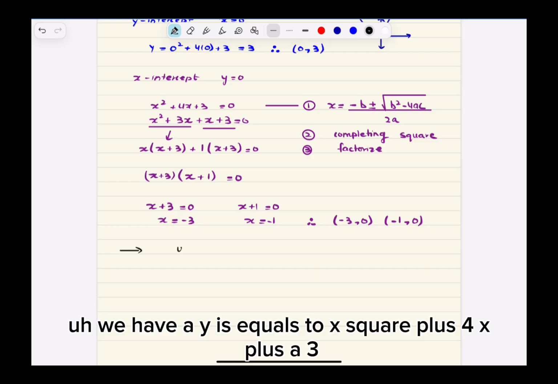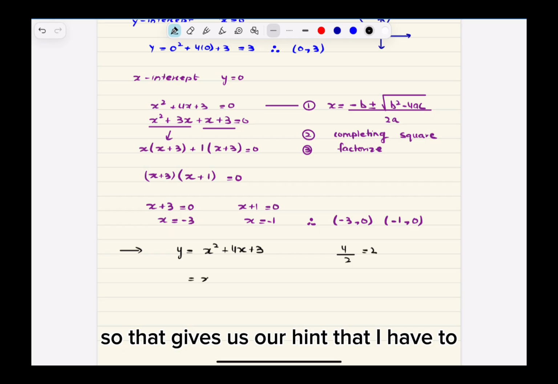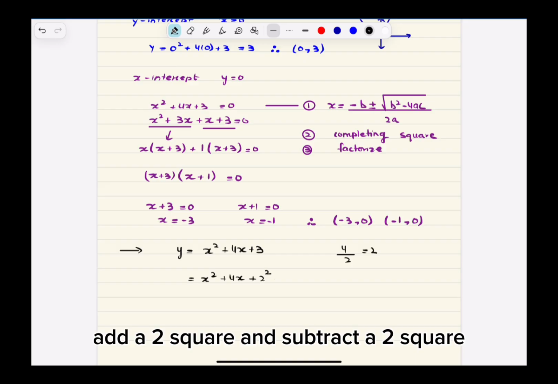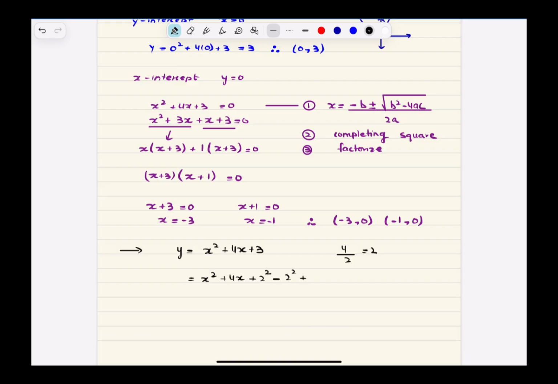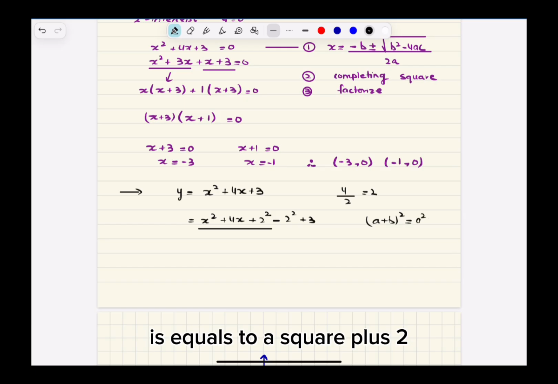We have y equals x squared plus 4x plus 3. 4 divided by 2 is 2. So that gives us our hint that I have to add 2 squared and subtract 2 squared. This expression is simply (a plus b) squared equals a squared plus 2ab plus b squared.